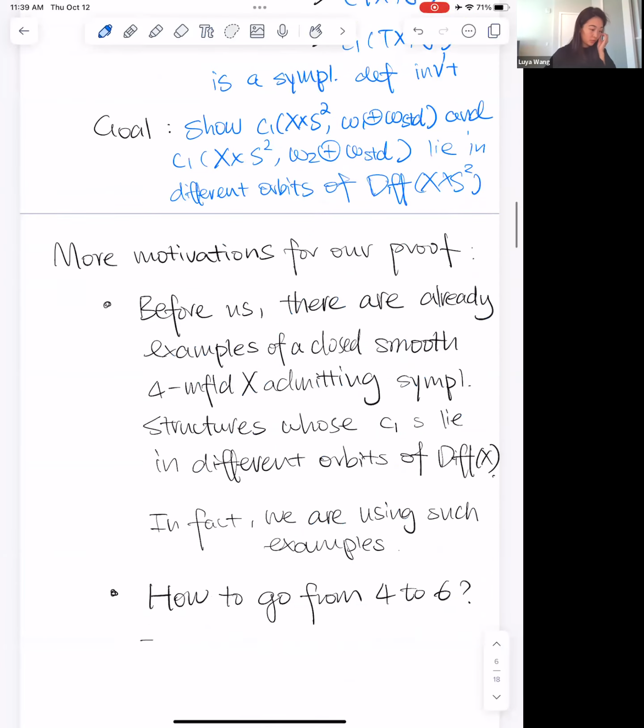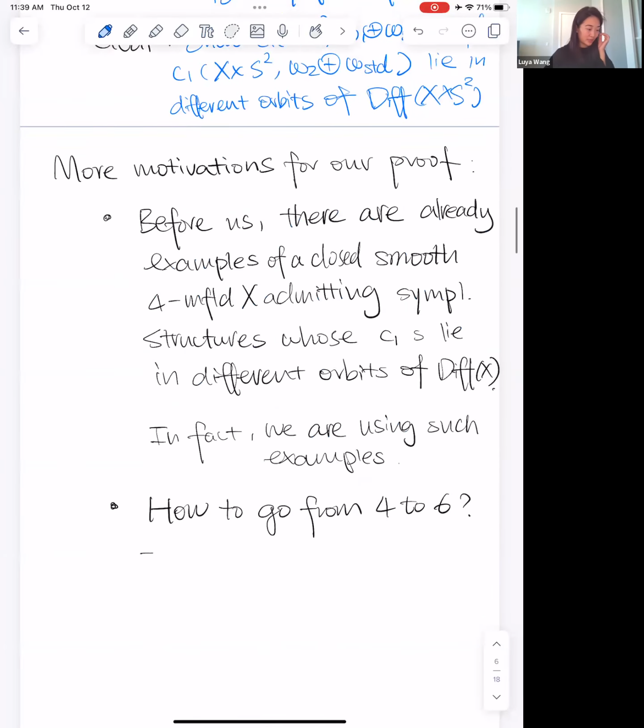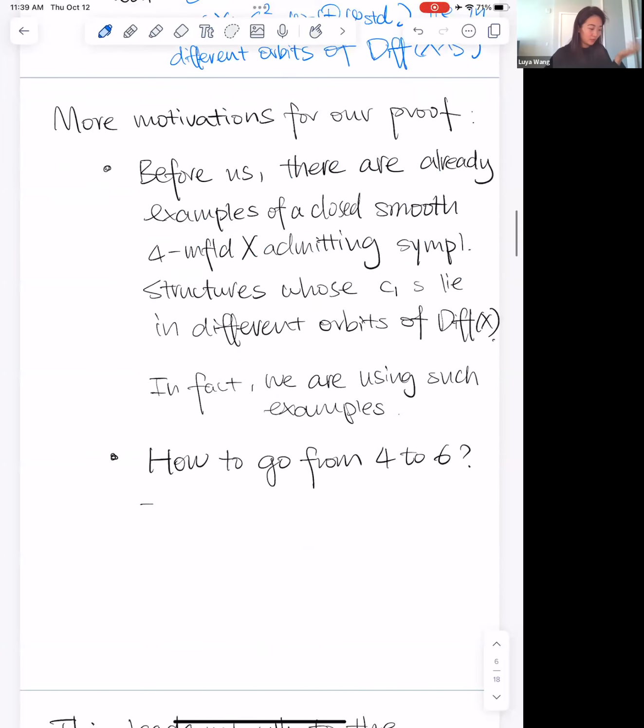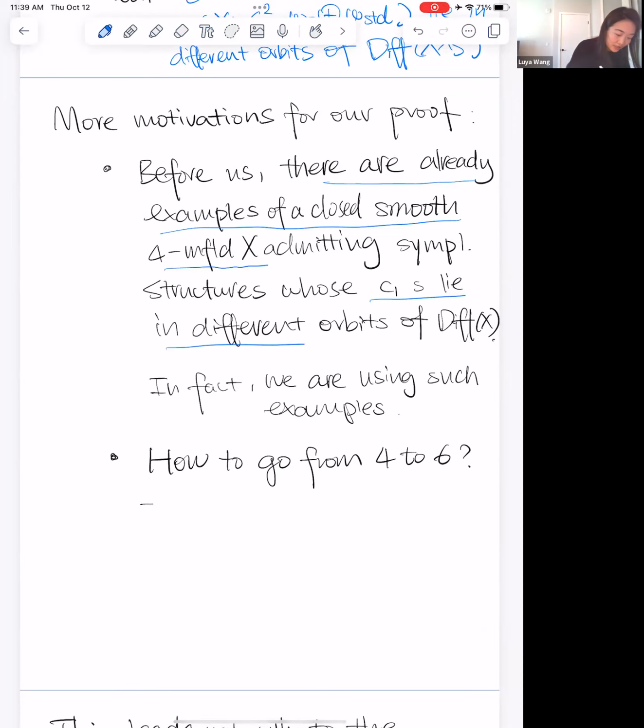And before I go into some perhaps more abstract definitions, let me give you even more motivation. We emphasize that before us, there are already examples of closed smooth four-manifolds admitting symplectic structures whose C1s lie in different orbits of diff, but this is diff of the four-manifolds.